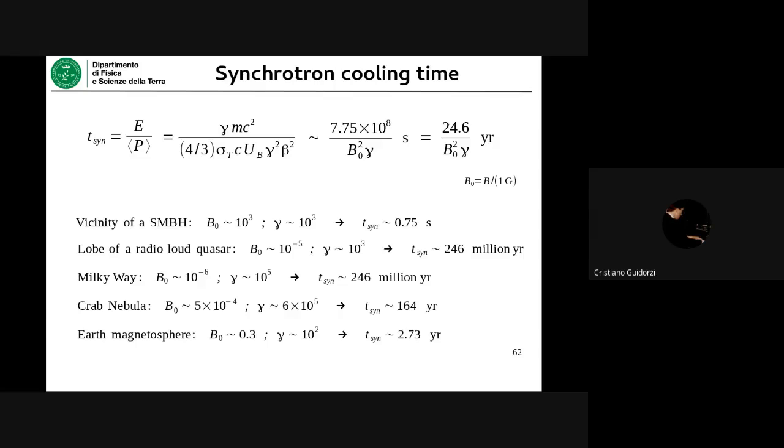And getting to a much closer example, if you consider the Earth's magnetosphere, the typical magnetic field is a fraction of a Gauss, and the Lorentz factor in this case can be of the order of 100. And you see that in this case the corresponding cooling times are of the order of a few years.